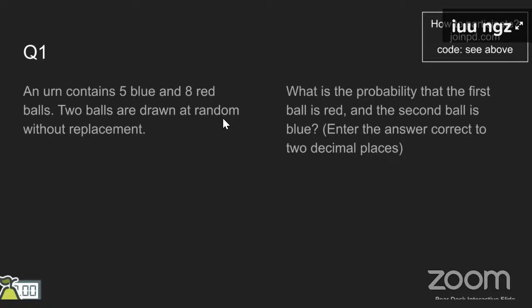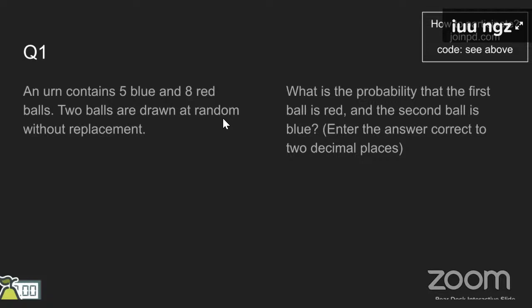So here we are saying what is the probability that the first ball is red and the second ball is blue, right? So when you draw one ball from the urn, first of all, what is the probability that ball will be red? That we have already found. That was 8/13. And now we have to find the probability that the second ball is blue.